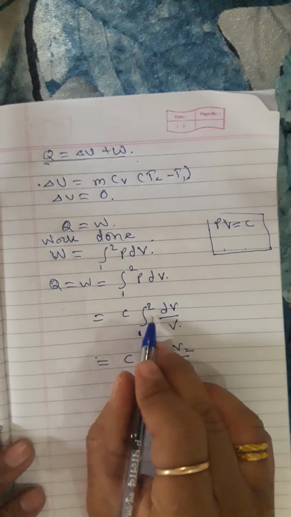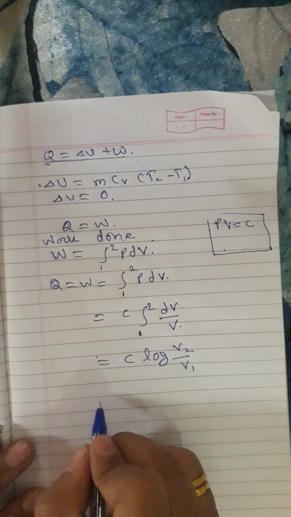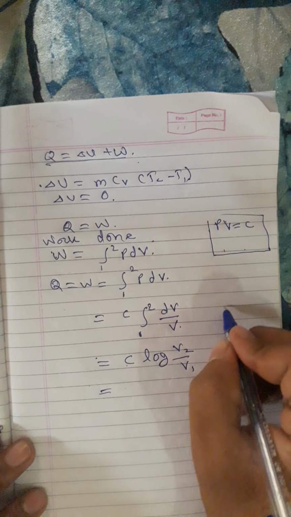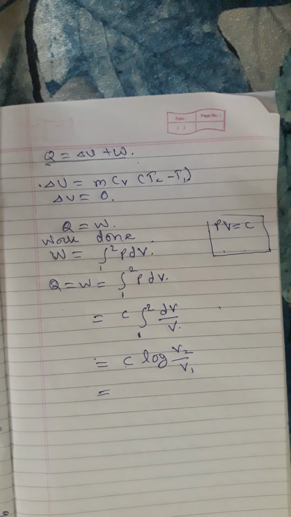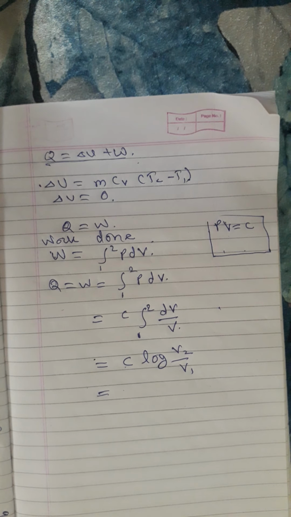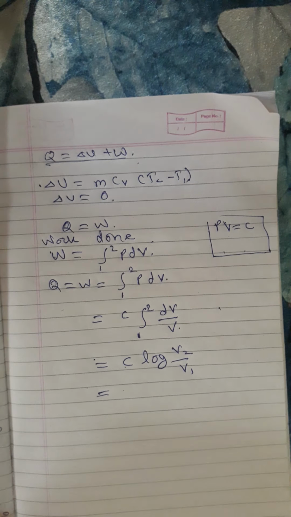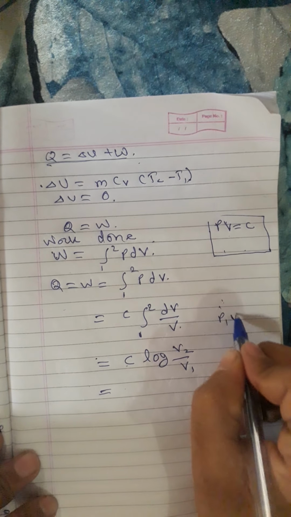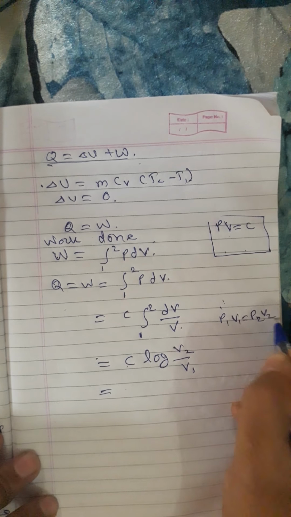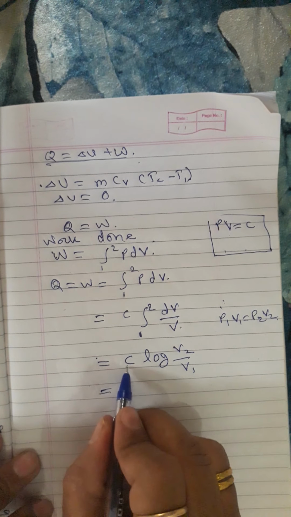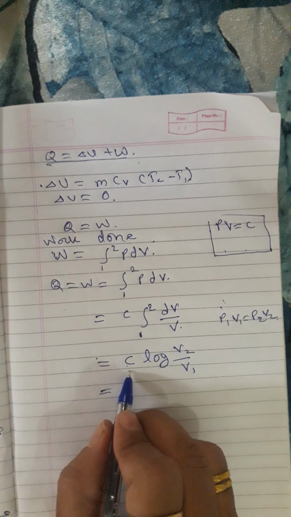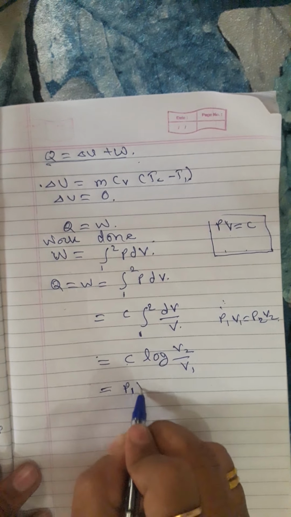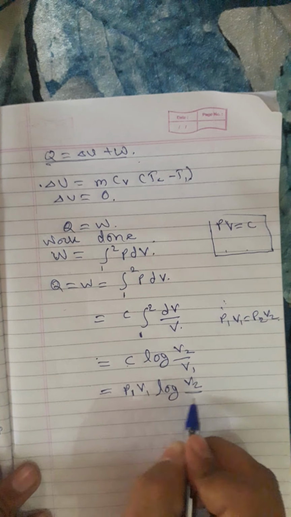By Boyle's law, when temperature is constant, P1V1 is equal to P2V2. So instead of C we can write P1V1, giving P1V1 log of V2 by V1.